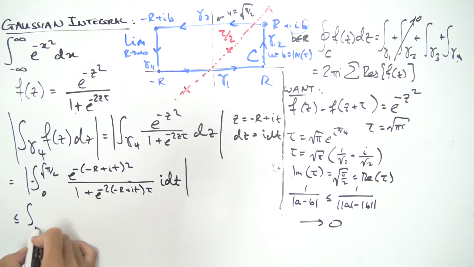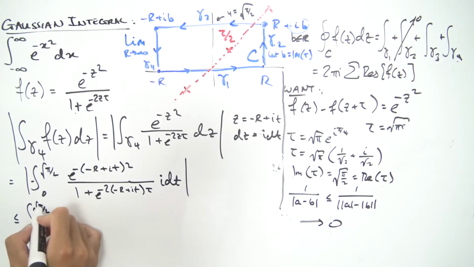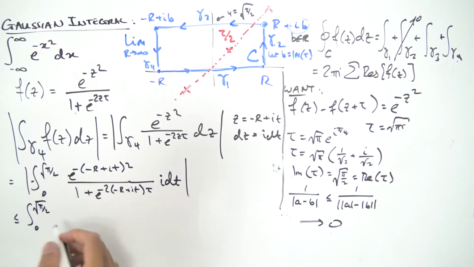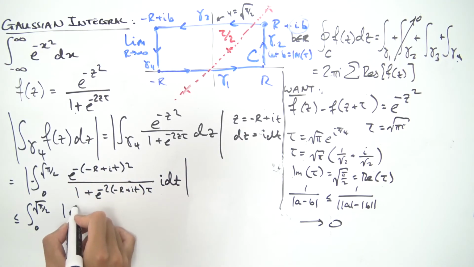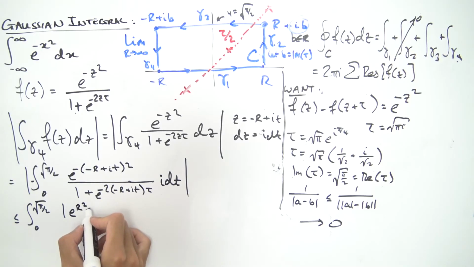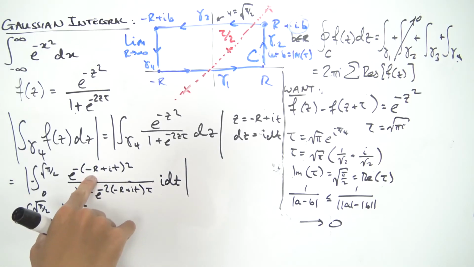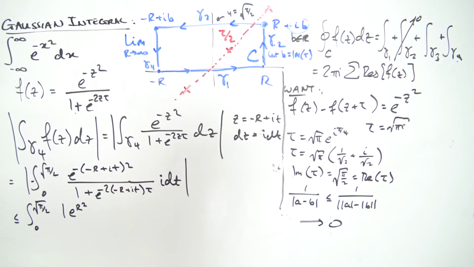We have the integral from 0 to the square root of pi over 2 of the absolute value of the top, so the absolute value of e to the r squared, and then we have 2 times minus r times it, that's going to be minus 2rit, because we have a negative out here as well. We have 2 times r times i times t, and then over here, (it) squared is negative t squared. We have a negative, so let's add t squared. That ends the absolute value, and we're going to divide this through by the absolute value of the denominator.